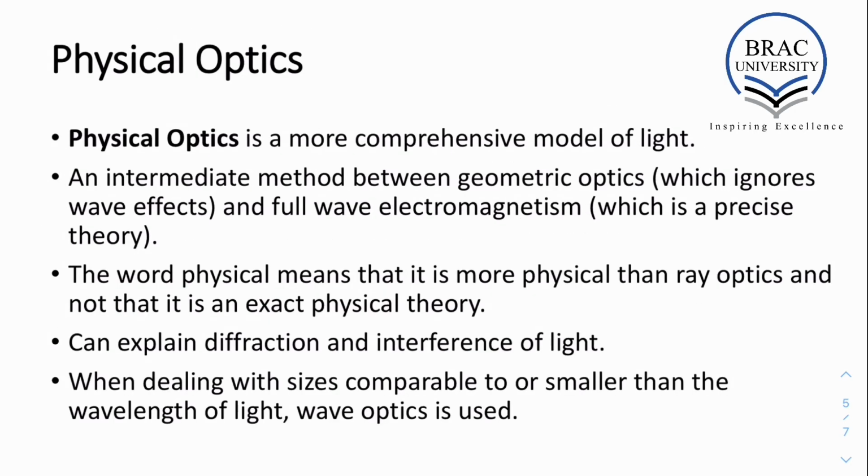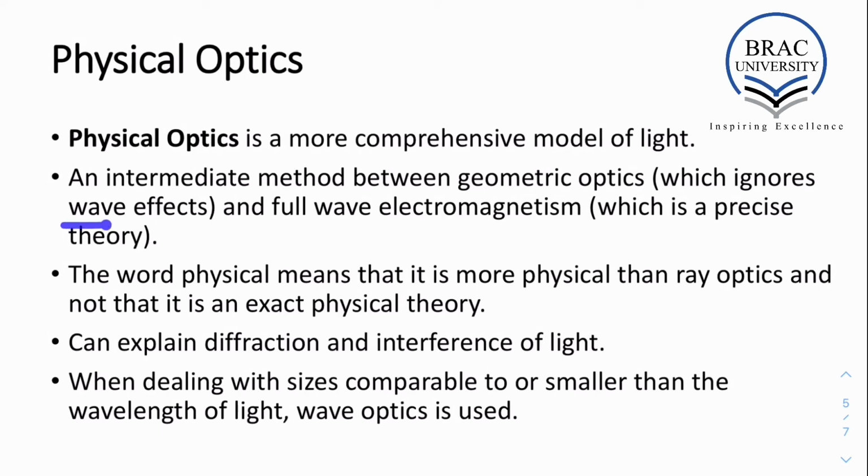Now let's turn our concentration to physical optics. It is a relatively more comprehensive model of light, but still it's not the actual classical theory of light, because the actual theory is much more complicated and is not practically applicable in most cases. Physical optics is an intermediate method between geometric optics and the full electromagnetic wave theory.